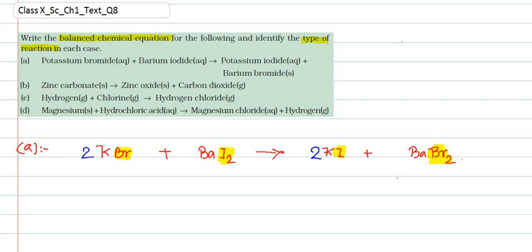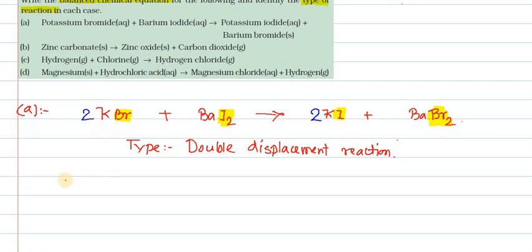That means 2 times the displacement is happening. So the type of this reaction would be double displacement reaction.